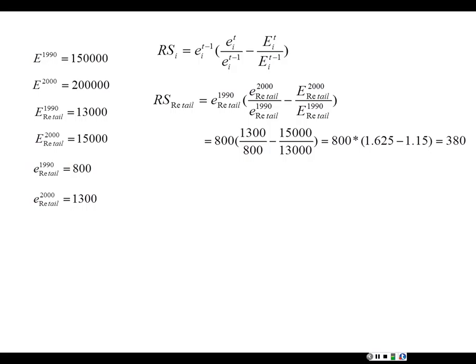And therefore, your local retail definitely grew faster than the whole country. And therefore, the regional shift is a positive number that indicates a strength in this industry. If you get a negative number, that indicates a weakness of this specific industry in your local economy.